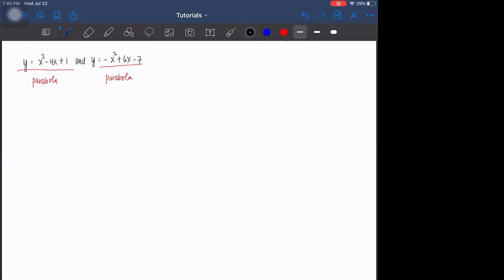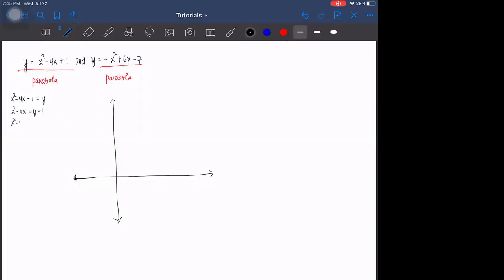The first one is opening upward. What is its vertex? Let's work it out. x squared minus 4x equals y minus 1.